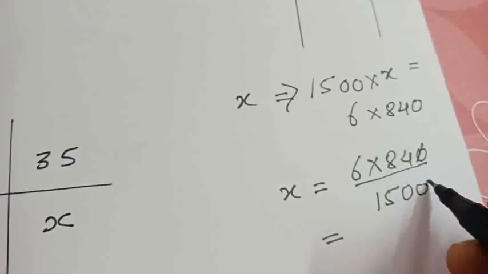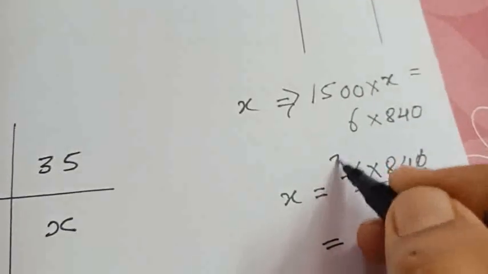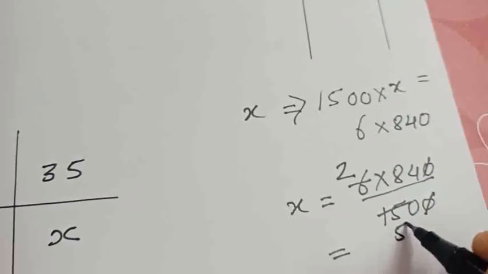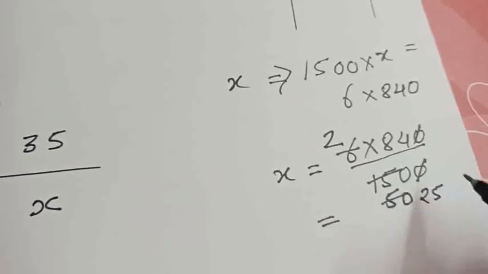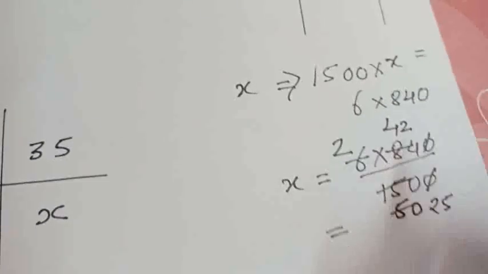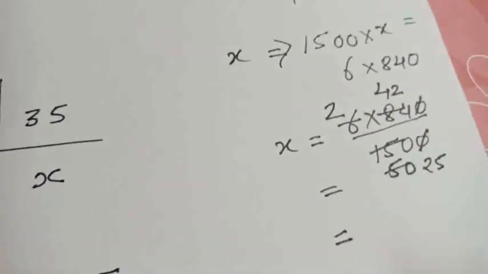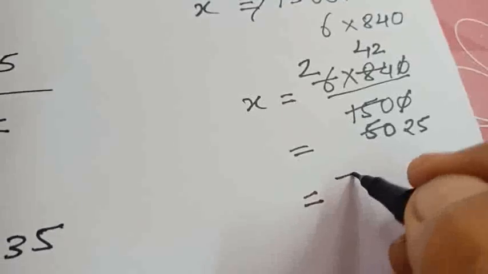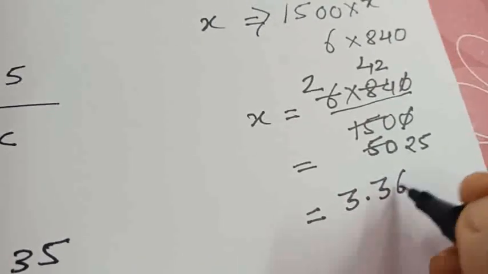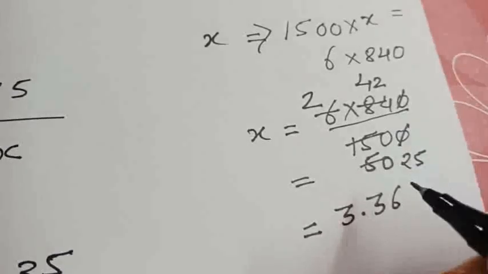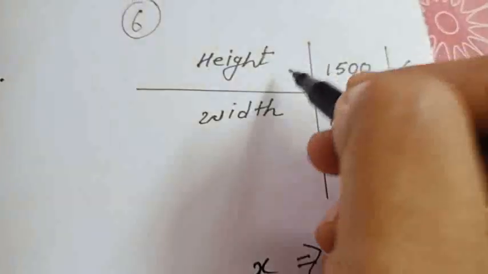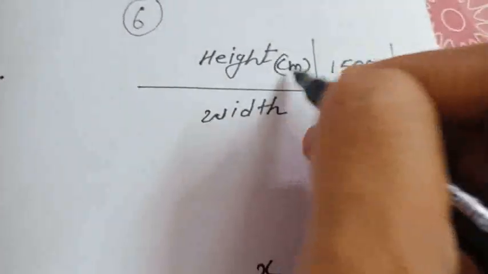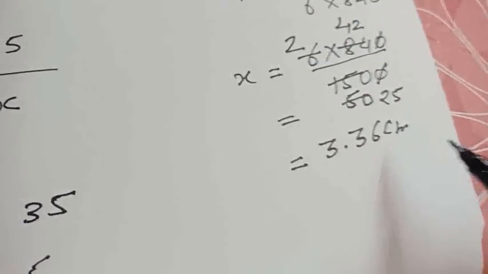This 0 and this 0 can be cancelled. 3 2s are 6 and this is 50 times. And remains 84 upon 50. That also can be cancelled by 2. So this is 42 upon 25 and when you further divide it, it will become 3.36. And the unit of this would be centimeter, because all these things are here in centimeter. So your answer is 3.36 centimeter.